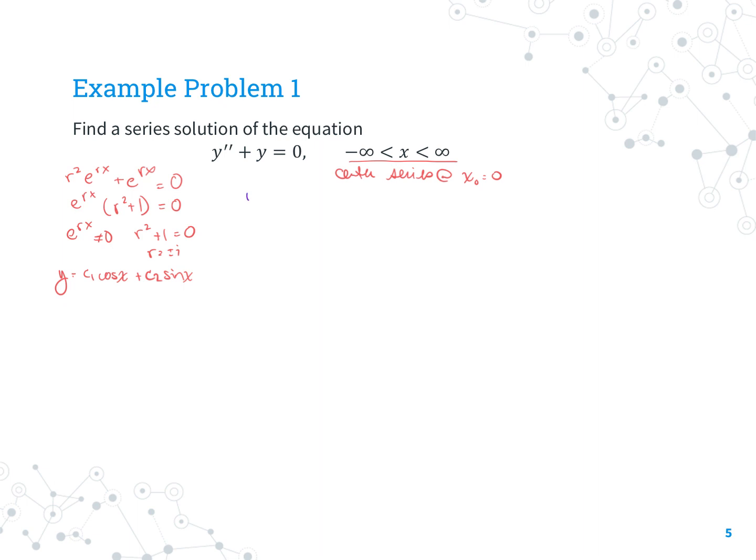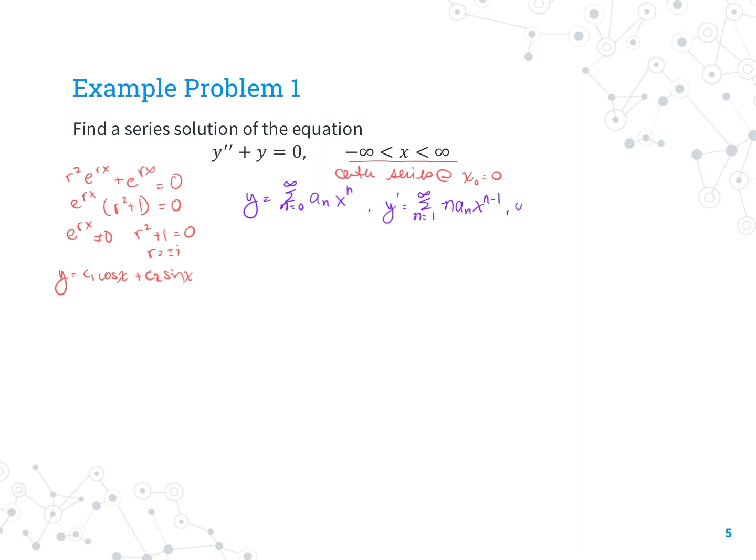We can now say then that y is the sum from n equals 0 to infinity of a sub n, simply x now to the n. We then know that y prime would be the sum from n equals 1 to infinity of n a sub n x to the n minus 1, because remember, when you take the derivative, you have to iterate your lower index on your solution.